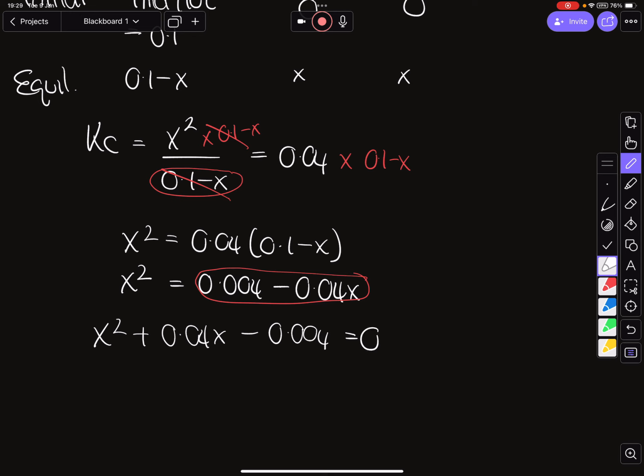So I'm now set up as a quadratic equation. In this instance, we have to work out what a is equal to. So a is equal to 1, b is equal to 0.04, and c is equal to minus 0.004.